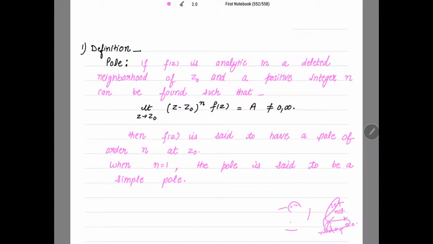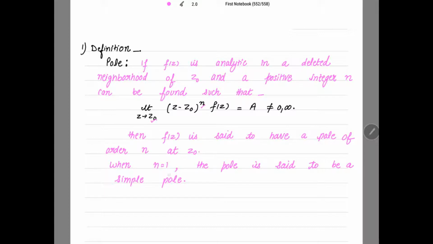So the definition for the pole says that if f(z) is analytic in a deleted neighborhood of z0 and a positive integer n can be found such that limit z tends to z0, (z minus z0)^n f(z) is equal to a, where a is this limit, and if this limit is not equal to 0 or infinity, right, then f(z) is said to have a pole of order n at z0.